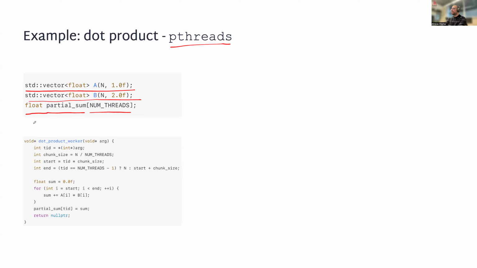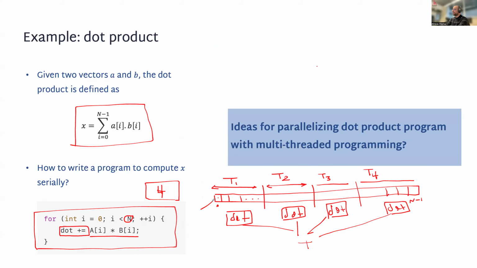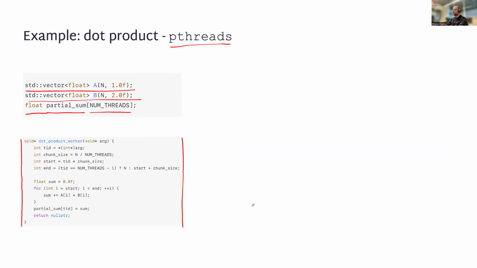Then I define a function here to perform that local dot product computation, and for that I need a starting point and an end point for each thread, which is easy to compute. The first thing I need is the thread ID, starting from 0, or thread index. I consider it as an input argument. Then I need to compute the chunk size for my data, which is n divided by the number of threads.